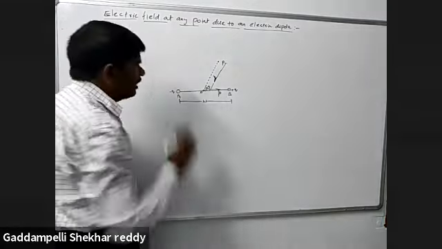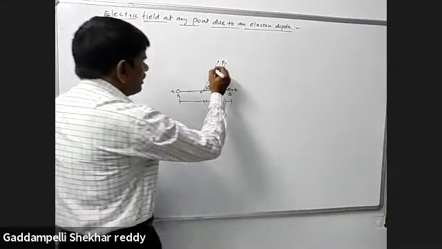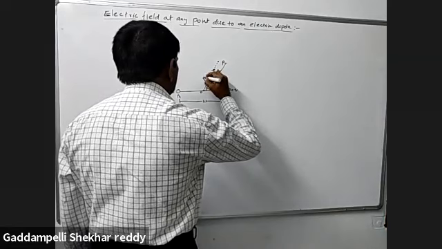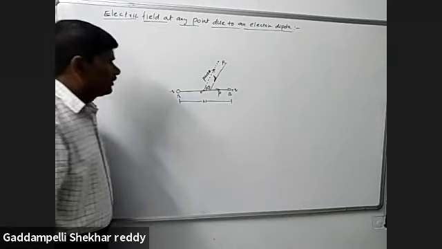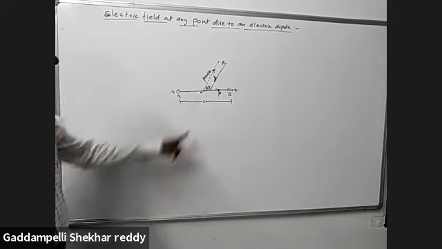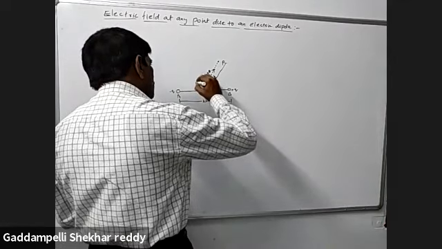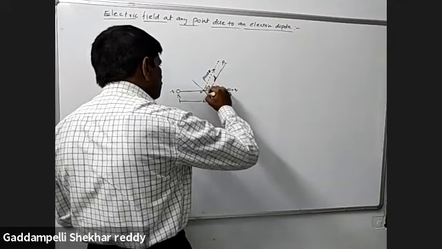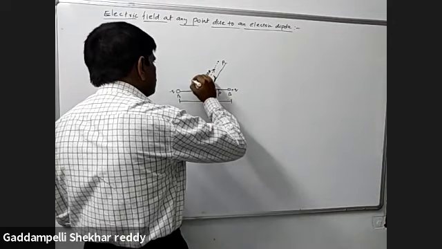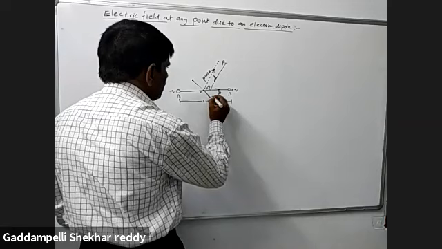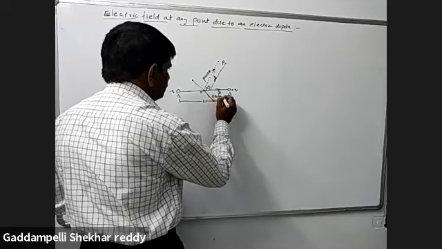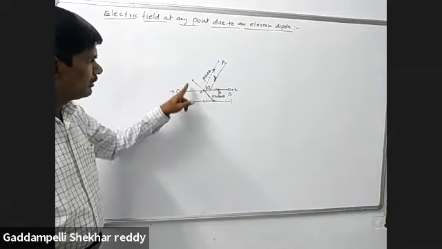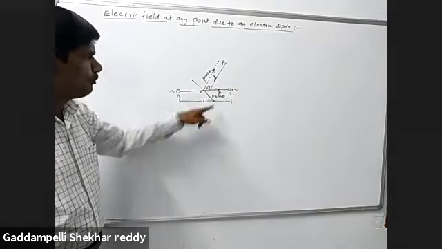The dipole moment P can be resolved into two components: one component P cos theta along the OP direction, and another component P sin theta perpendicular to OP.